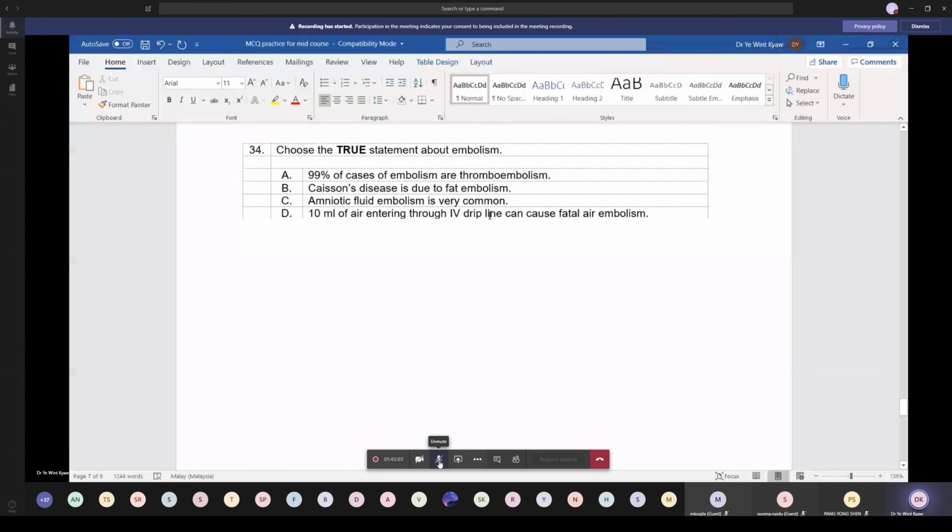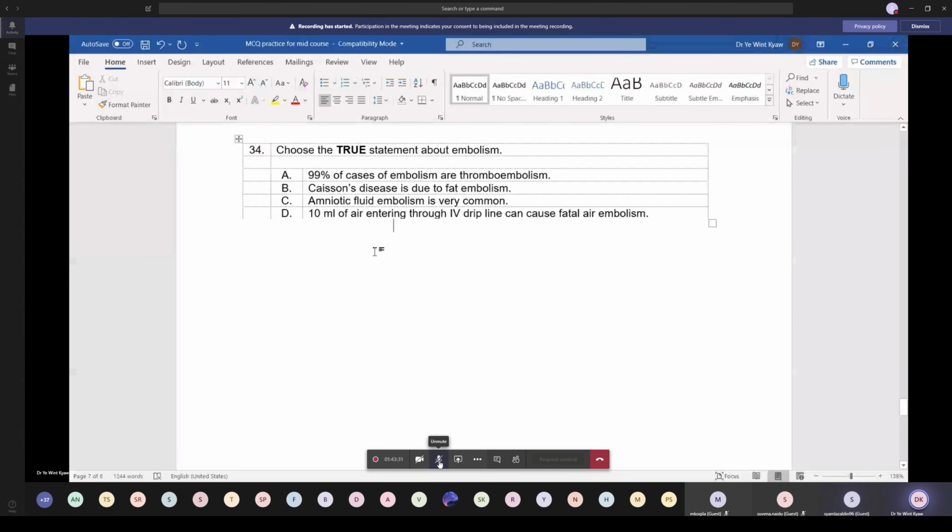So is this common or not? Amniotic fluid embolism is rare. So what is the answer? Only one left, right? So D is the only one. A, is it 100 ml, doctor? 100 ml, yeah, not 10. Okay. So 99% are thromboembolism only.